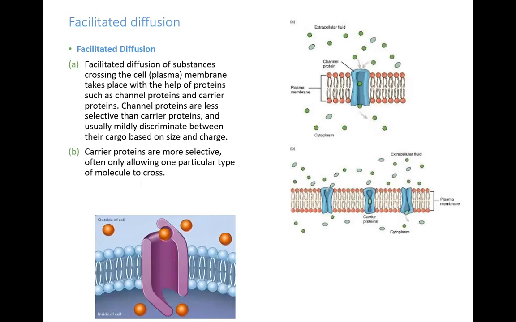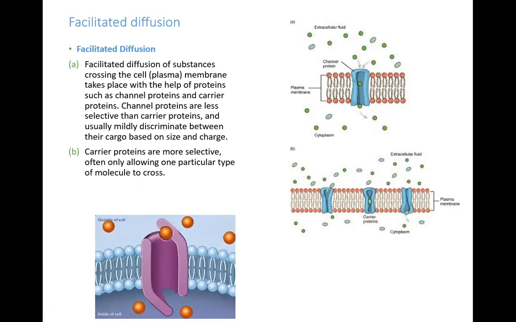Facilitated diffusion is just the use of the carrier protein or the channel protein. Here we see a carrier protein that can open and close. And the presence of the right ion or the right molecule that lands on it, because these carrier proteins are going to be selective.